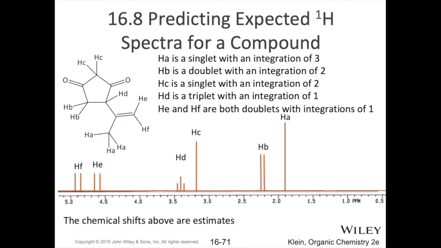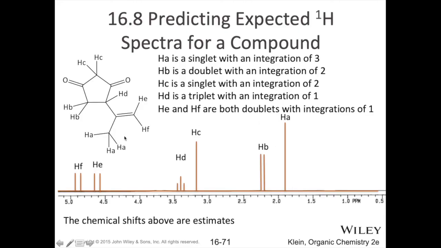Hydrogen A, that methyl group, would normally show up around 0.9, but due to the presence of this double bond, the electron density de-shields that a little bit and sends it a bit further downfield. So if you originally predicted this being somewhere around the 1 ppm mark, it's further than that. Something to watch out for.